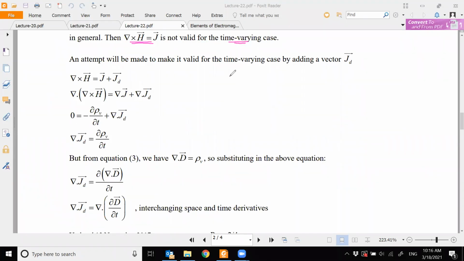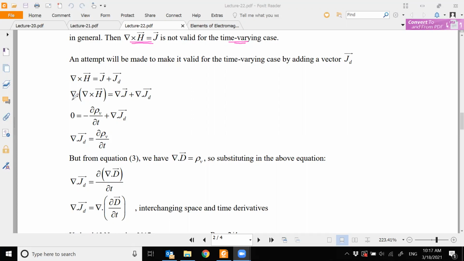So what we are doing is adding another current density to Ampere's law. So del cross H is equal to J plus JD bar. Maybe we'll talk about this current density later.